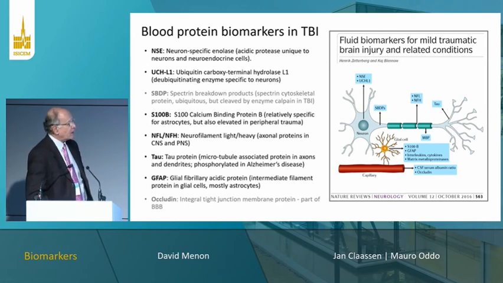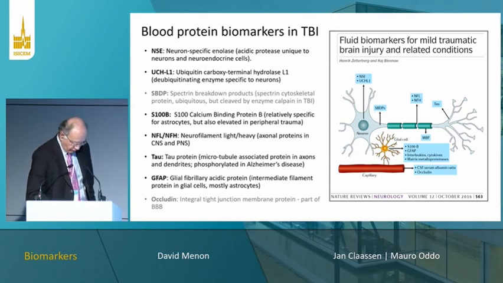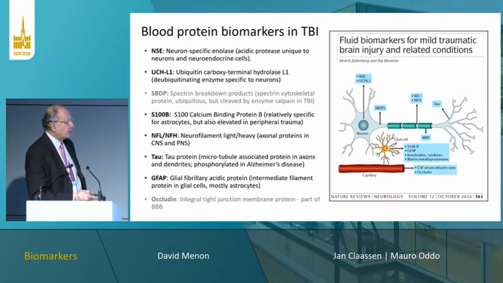Some of these are biomarkers that we've known for some time, for example, neuron-specific enolase and S100B. Both have been used to prognosticate and also manage TBI and cardiac arrest for that matter. But the newer ones are UCHL1, which is primarily, you'll see from the graphic here, a neuronal cell body biomarker.